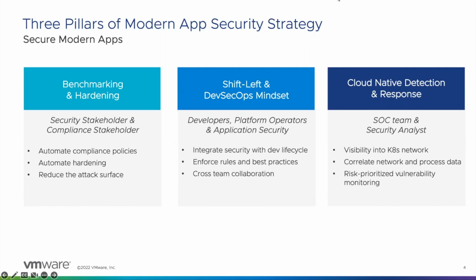Lastly, we have the cloud native detection and response. Key stakeholders here are security operations team members, as well as the traditional security analysts. And there are going to be some similarities in how teams can triage cloud native detection and response type telemetry. But what is key is the telemetry coming off of a K8s workload is going to have a different type of analysis done to it than a traditional endpoint process.